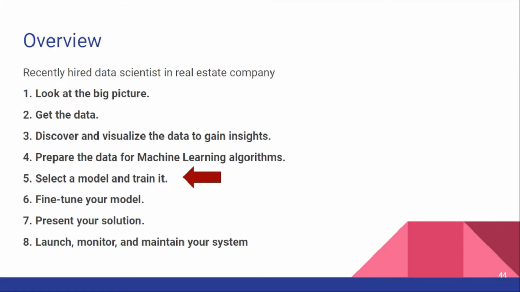Once you get the data, how to visualize the data and gain insight with the help of those visualizations, and then prepare the data for your machine learning algorithm. Now we have the algorithm, we have the data.